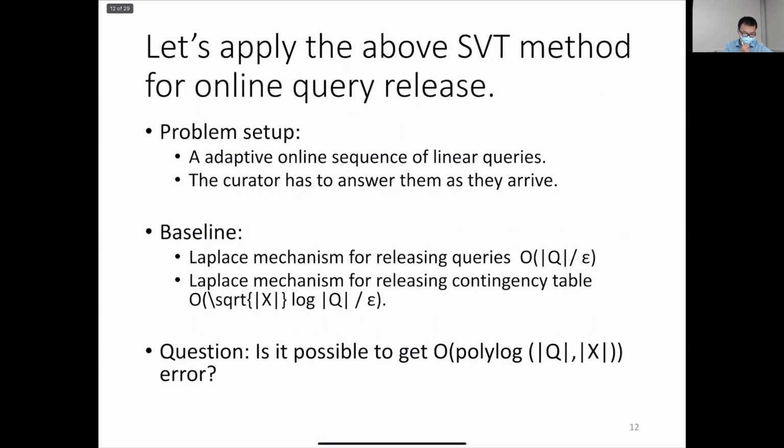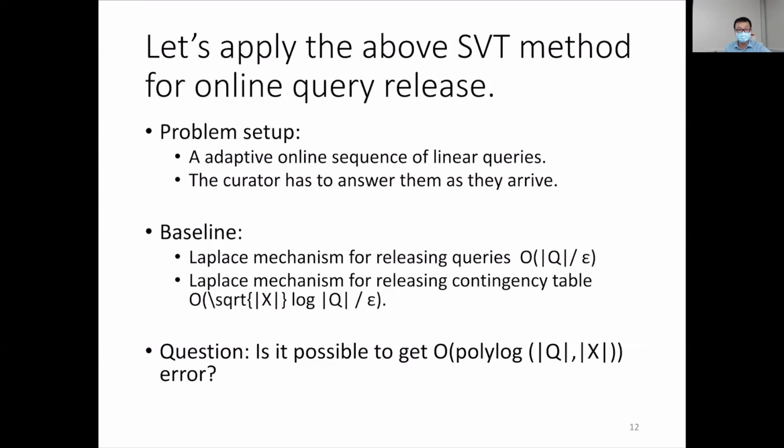So now let me explain how we can apply the sparse vector technique for online query release of answering many linear queries. Let's set up the problem. Online query release is a problem setting where there's some data analyst or adversary who comes up with a sequence of linear queries.